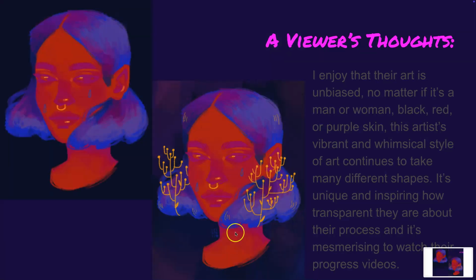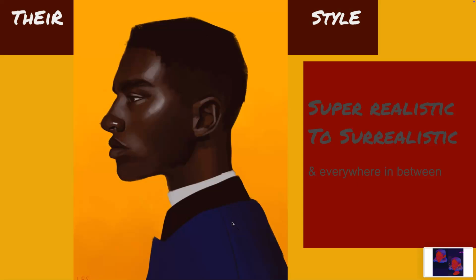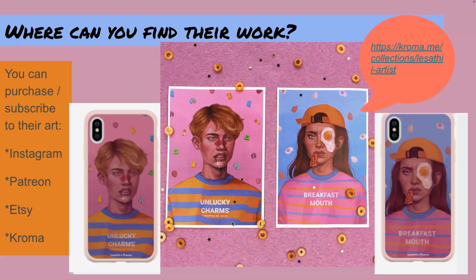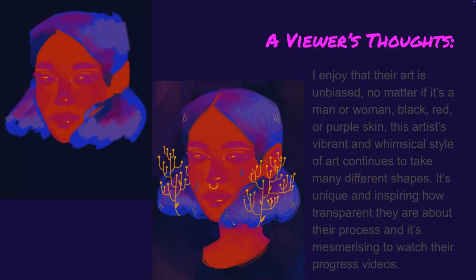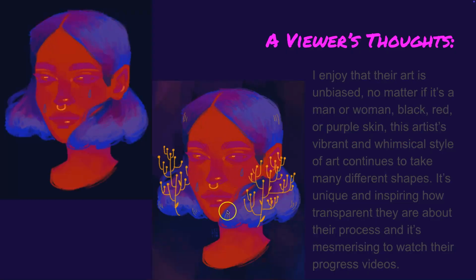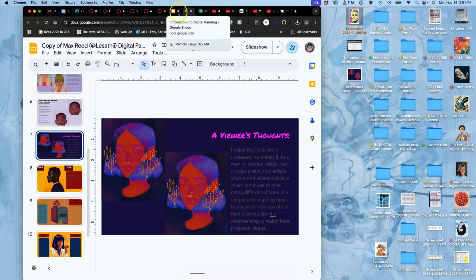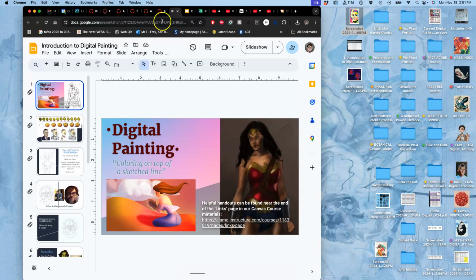So I'll even do a screen grab of that. I can use that as reference. So it doesn't always need to be super realistic, right? This works just as much as anything else, as long as we are digitally painting and we're observing light sources and kind of modeling form.